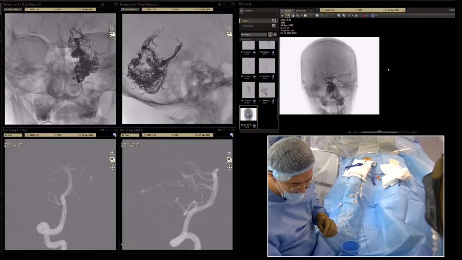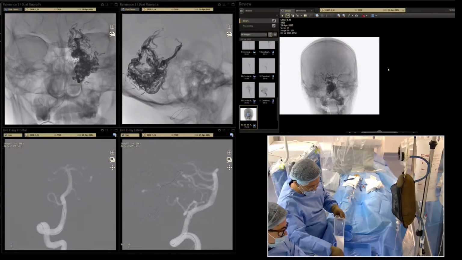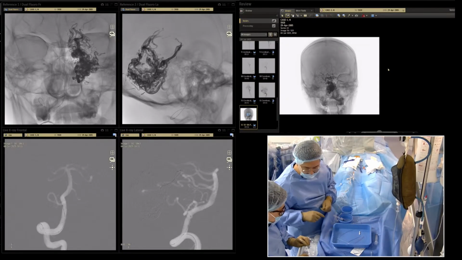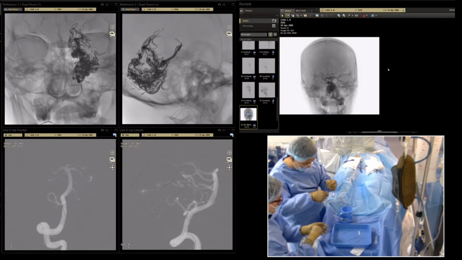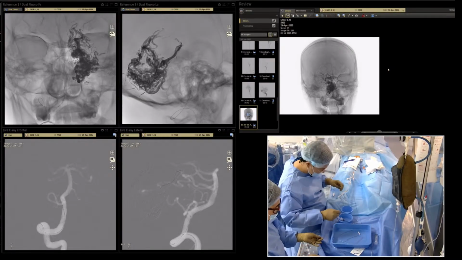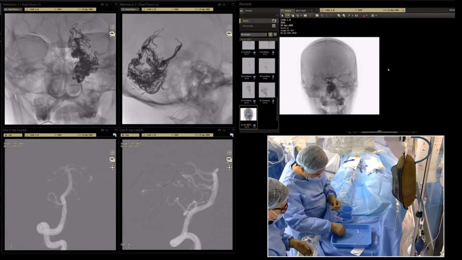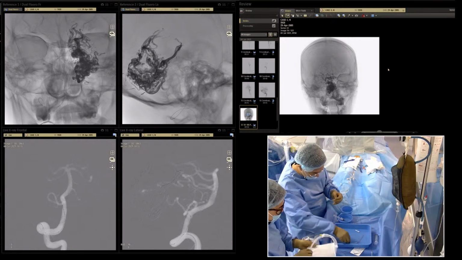Okay, we have one Minix 18, and we have Squid 12.